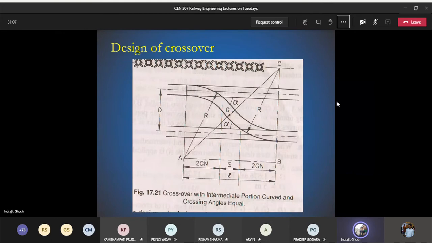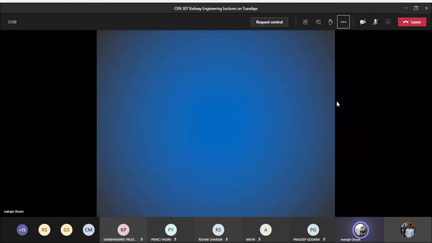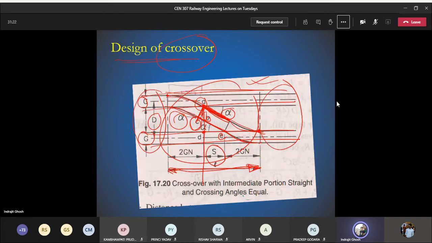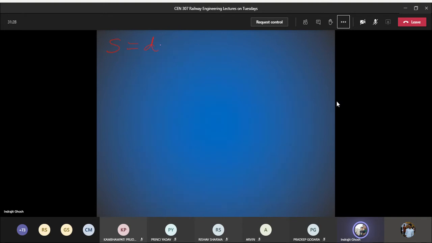So let us go to the derivation. Okay, so if we start with S, you will be able to see from this diagram, as per this diagram, let us call it DE. So how should DE be represented in terms of crossing angle or gauge?